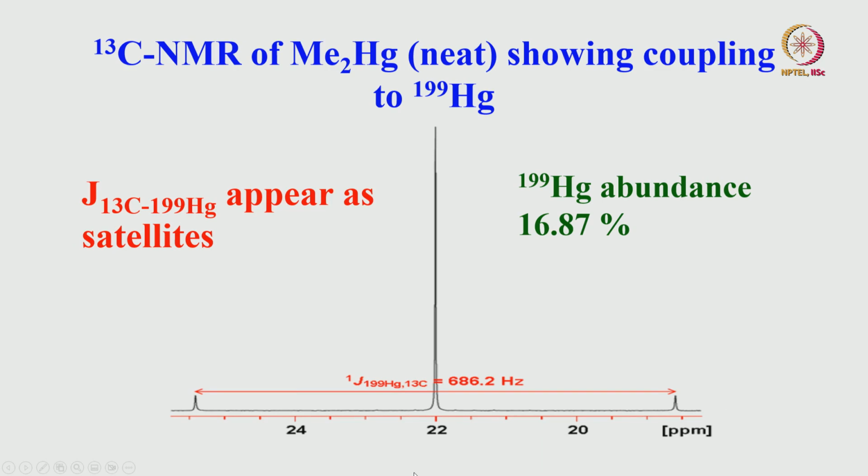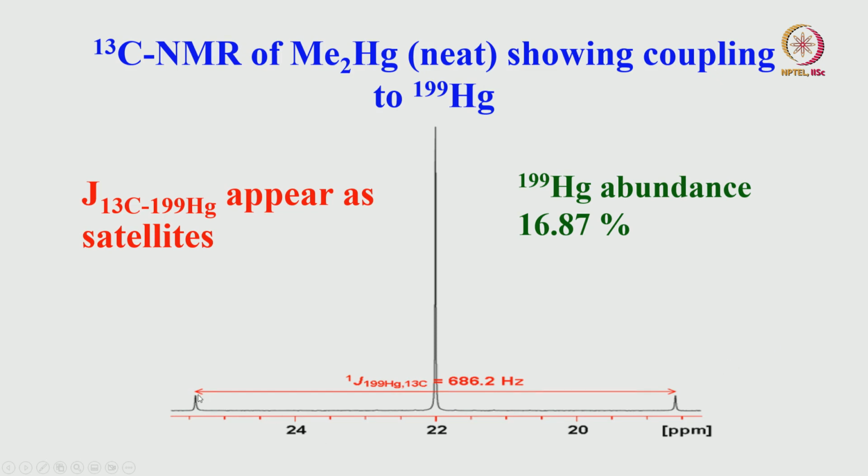This is the main peak coming from the carbon of CH3, and this carbon, of course we have decoupled proton, is coupled to mercury 199, and look, this is a fairly big intensity satellite because the abundance is close to 17%. So mercury coupling to carbon appears as satellites.